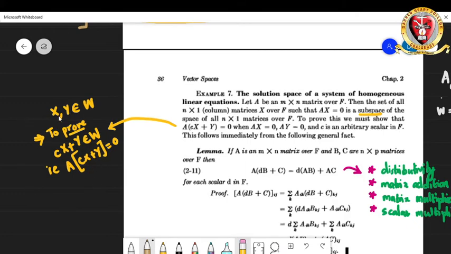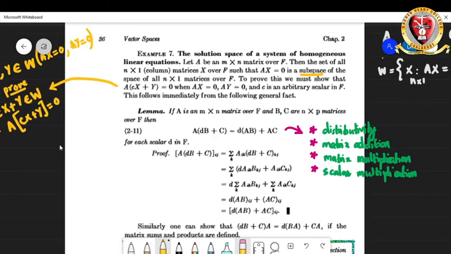We know that x, y belongs to W, which will imply Ax is equal to 0 and Ay is equal to 0. Right? So if A into Cx plus y is equal to 0, in order to open this out and say C into Ax plus Ay is equal to 0, you have to think about this lemma, which is a very logical lemma you can prove by yourself.